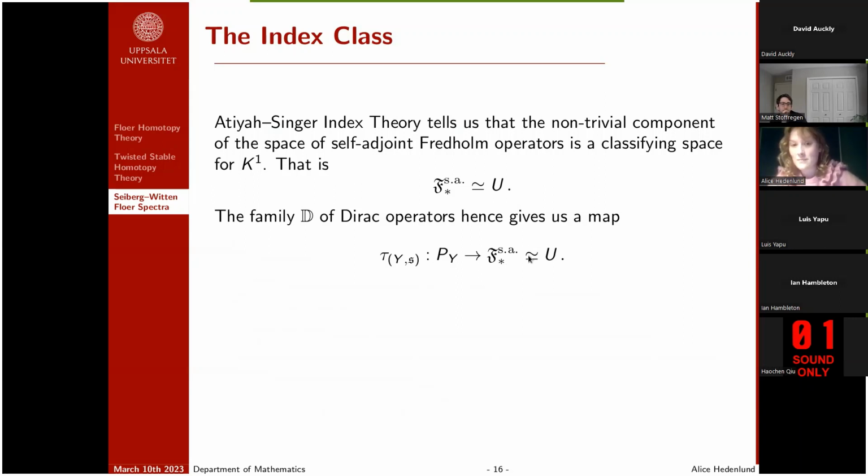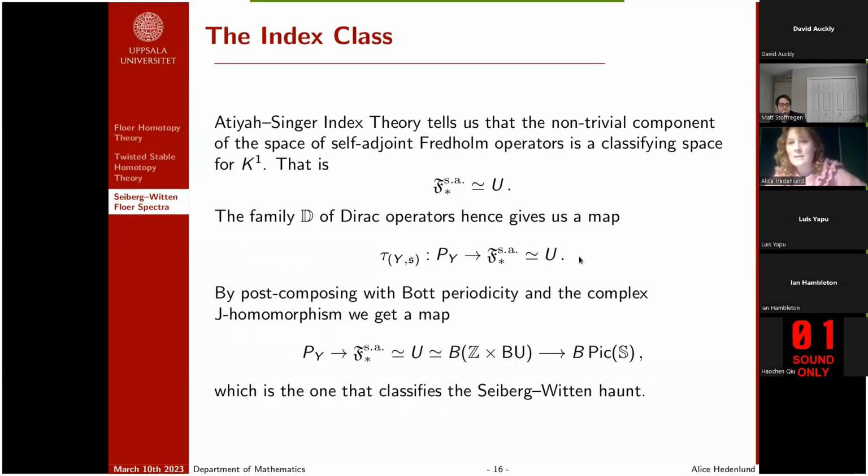And since the space of self-adjoint Fredholm operators is equivalent to U, that gives me just a map from the Picard torus into U. And now I want to use both periodicity and this complex J homomorphism.